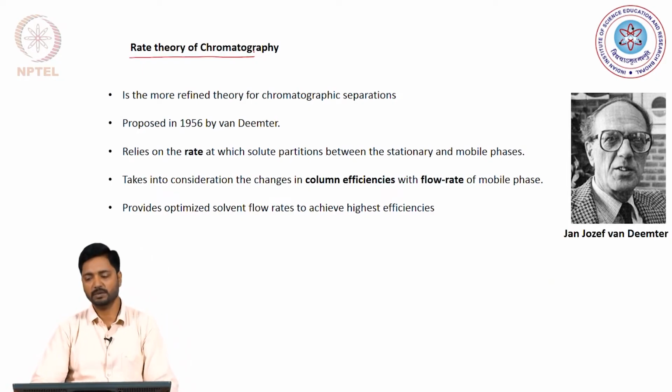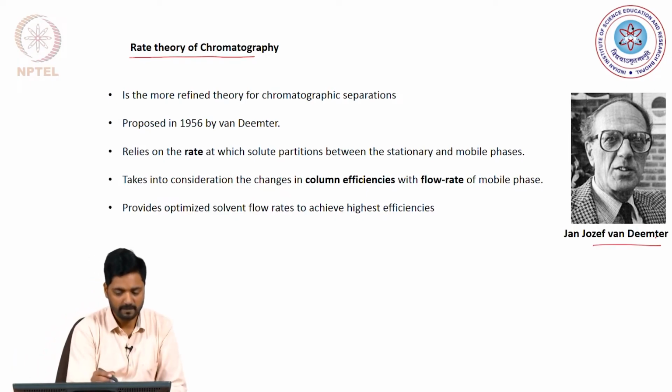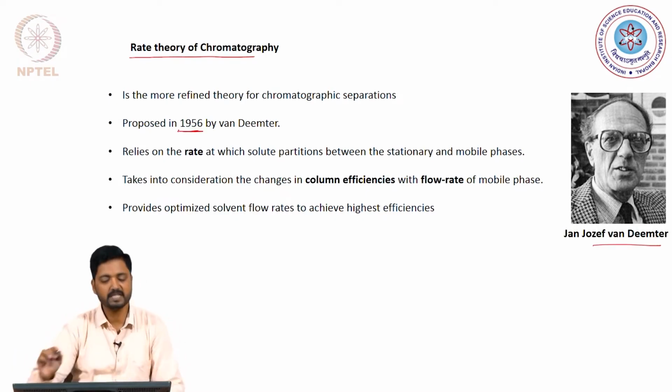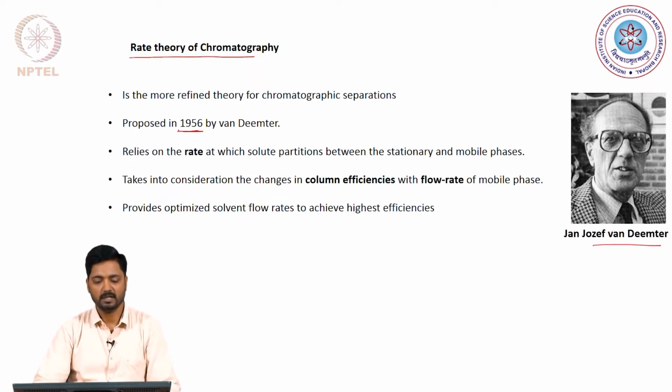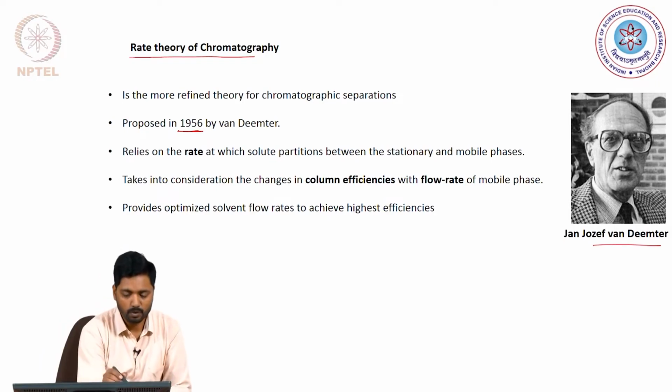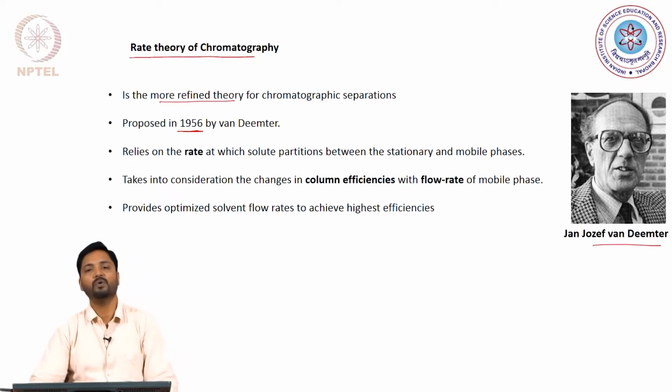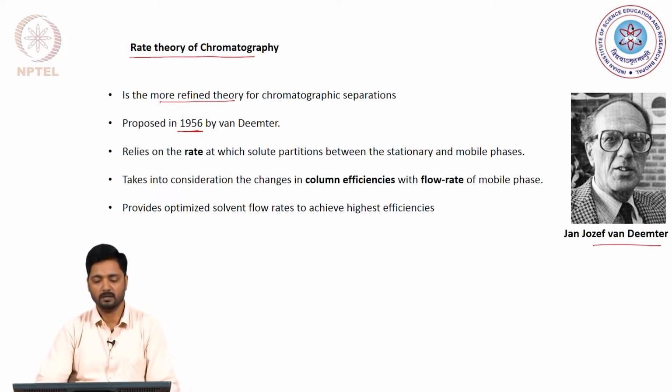Now, this rate theory was proposed by many different people, but the theory that came to be most famous was proposed by a researcher whose name was Van Deemter, and he proposed this theory in 1956. The rate theory of chromatography is thought to be a more refined theory for explaining chromatographic separations.